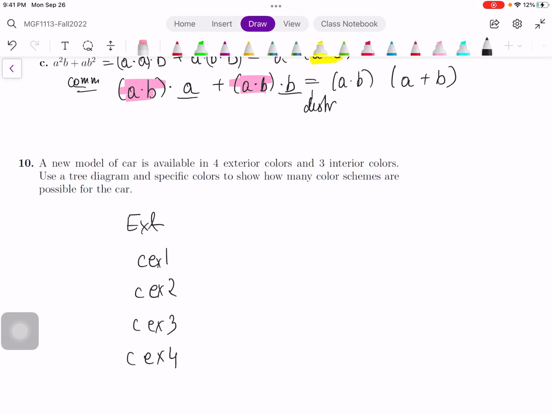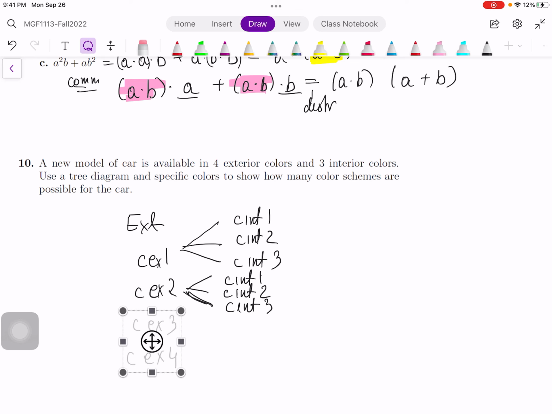Okay, and then each exterior color can come in 3 interior colors. So color interior 1, color interior 2, color interior 3, and the same if the car has, say, a second color option for exterior, still the same 3 options for interior are possible.